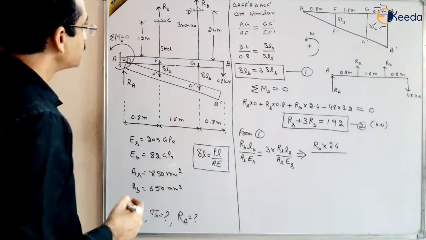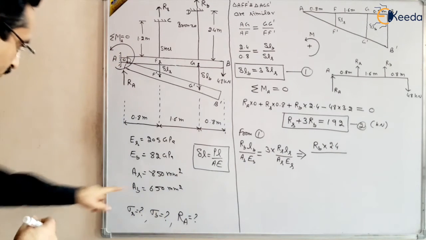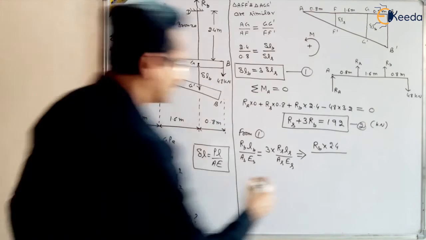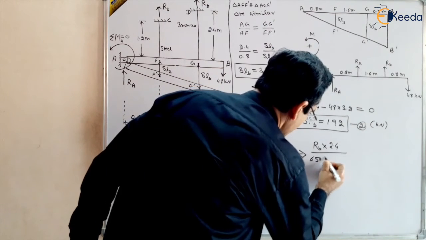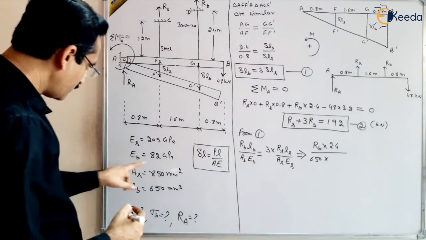What is the area of bronze? This is 650, given. So 650 multiplied by E of bronze, 82.